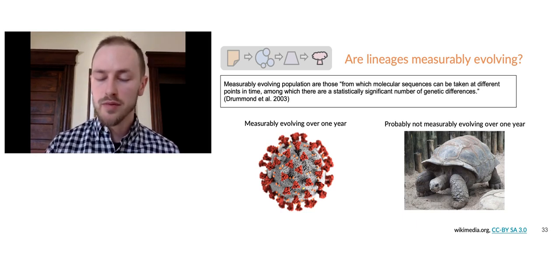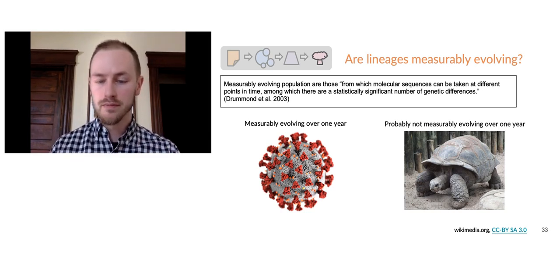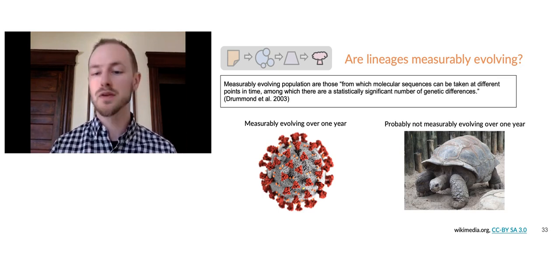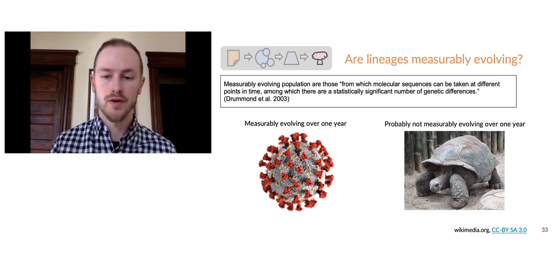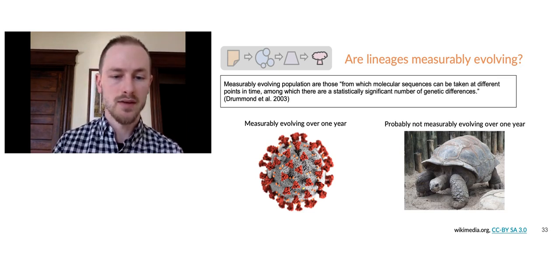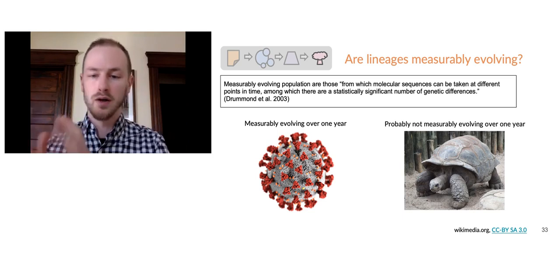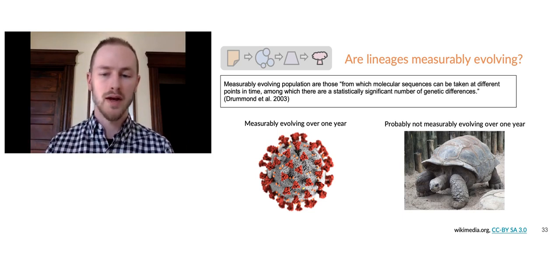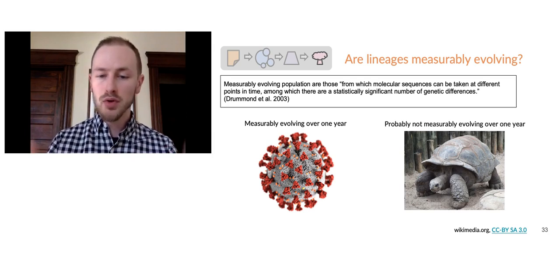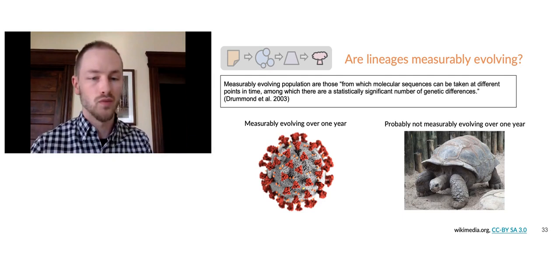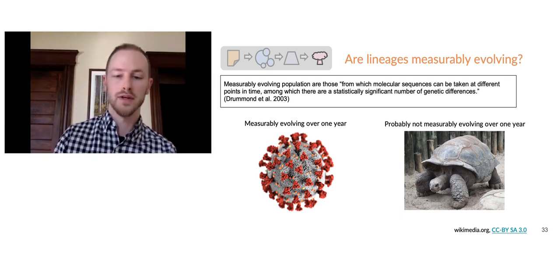Alternatively, if you were to sample a population of tortoises from last year and then this year, you probably wouldn't find very many genetic differences because tortoises evolve quite slowly. So we could say that the coronavirus is a measurably evolving population, while tortoises are probably not. Importantly, both of these populations are evolving. It's just only one of them is evolving rapidly enough to be measurably evolving.